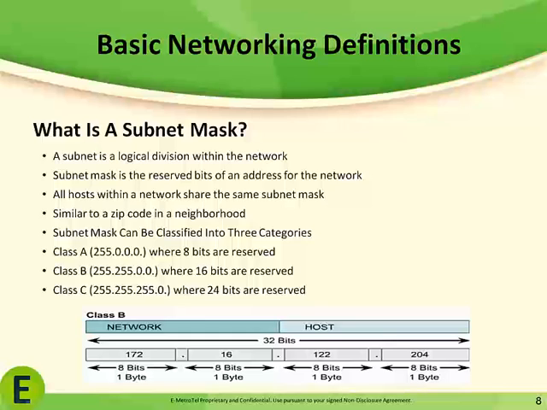Class A, which is 255.0.0.0, where 8 bits are reserved. Class B, which is 255.255.0.0, is where 16 bits are reserved. And Class C, 255.255.255.0, is where 24 bits are reserved.